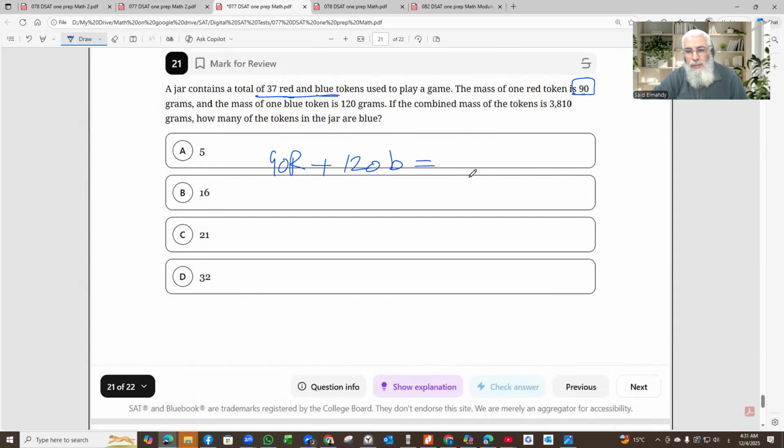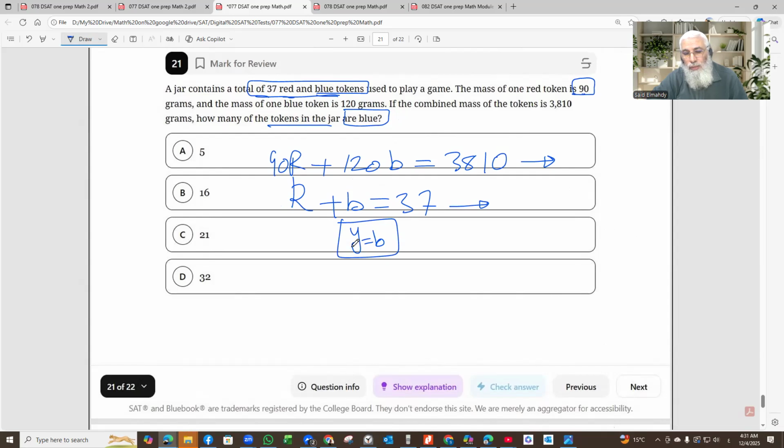The combined mass is 3,810, and red plus blue is 37. So this is a system of linear equations. How many of the blue tokens are there? So we need to find blue. We can say red is x and blue is y, and we need to find y.